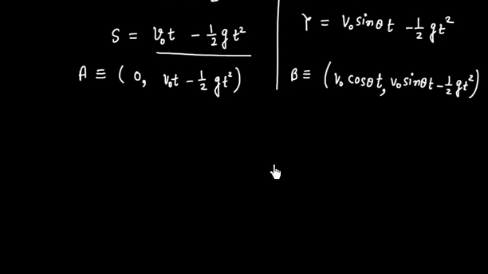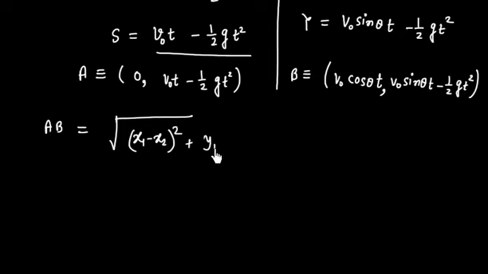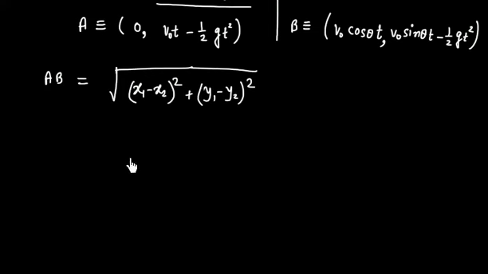Now we can calculate distance AB simply using the formula under root x1 minus x2 whole square plus y1 minus y2 whole square. This is the formula in coordinate geometry you already know.